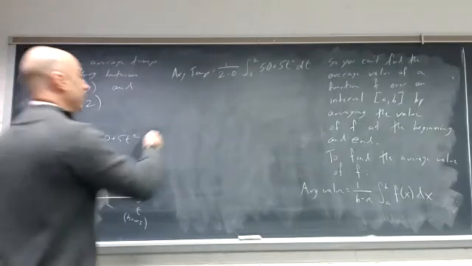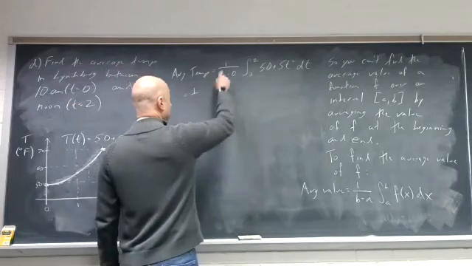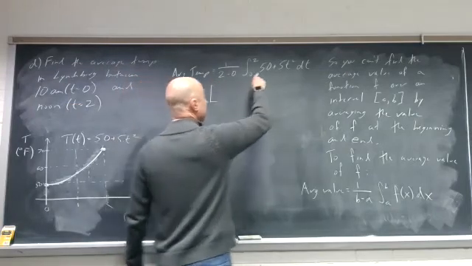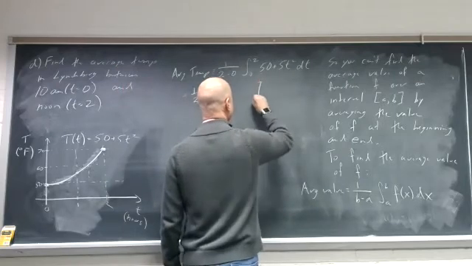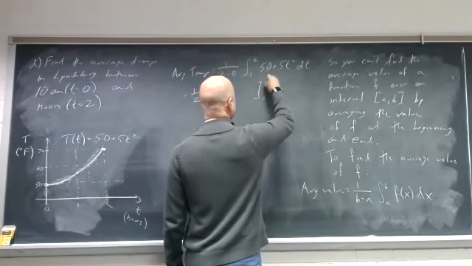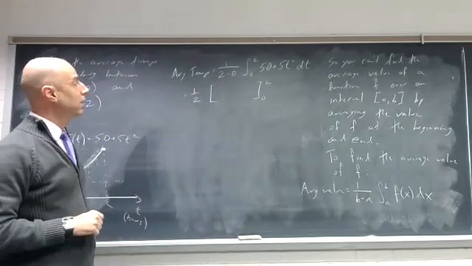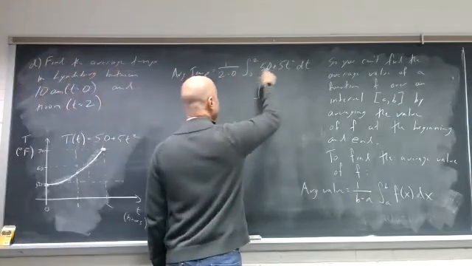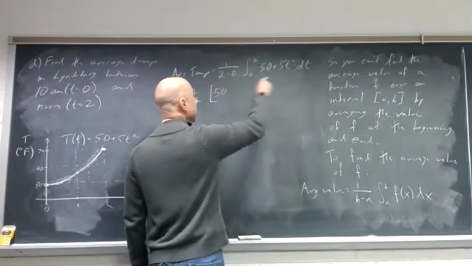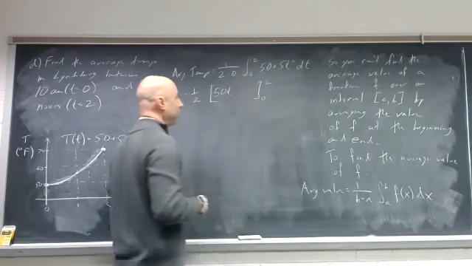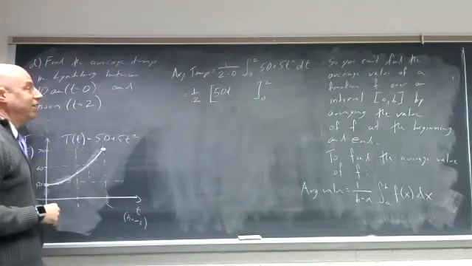So this is equal to 1 over 2 times, let's go ahead and take the antiderivative. Antiderivative of 50 is going to be 50, this time not 50x, 50t, because our variable of integration is t, not x.